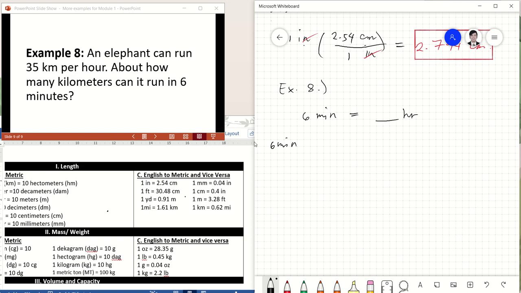So 6 minutes times, we put the minutes in the denominator so that it will be cancelled out. And then hour in the numerator. In an hour, there are 60 minutes. So the minutes will be cancelled out. What will be left is just hour. 6 over 60 would just be 1 over 10.